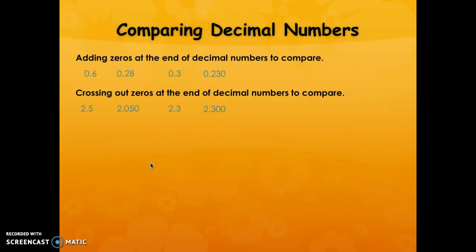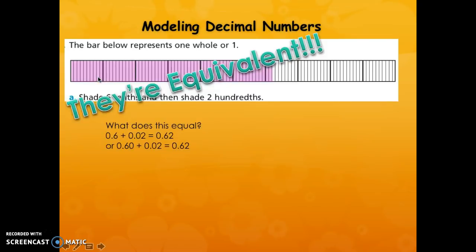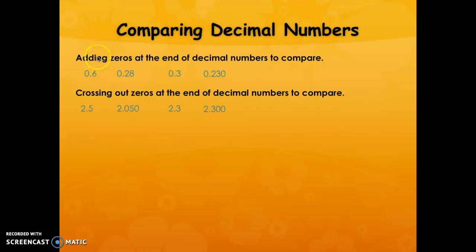All right, so let's compare these. One of the ways you can do it is add zeros at the end. So I look at these two. And sometimes fifth graders will say, oh, 28 is more than 6, so this must be more. No, not on the decimal side. Because if we add a 0 here to make these the same length, 28 hundredths is less than 60 hundredths. 60 hundredths is more.